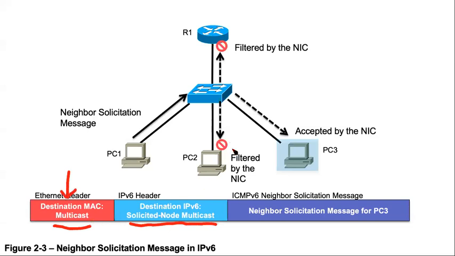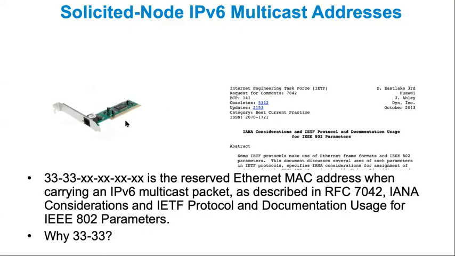So the NIC card can actually filter it, as we can see here and here. It doesn't have to pass it up to a higher process for filtering. This NIC card says, oh, this potentially is for me, so let me accept it. Like I said, we'll see some details of how this works in just a moment. So the Ethernet NIC can actually filter the multicast MAC address.